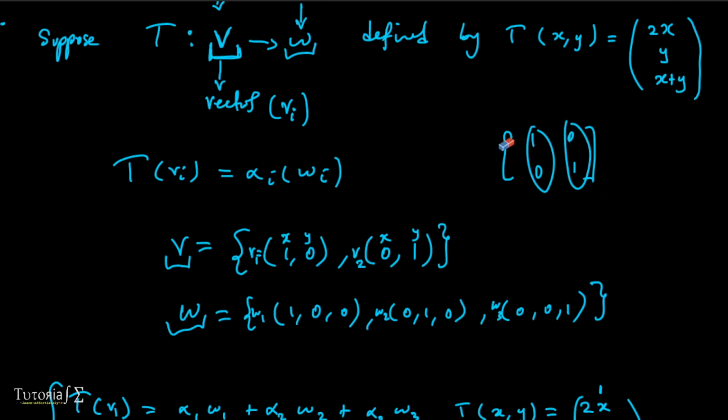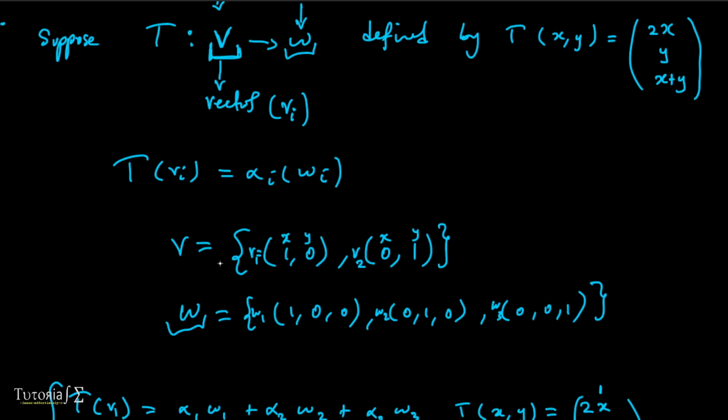But if you are given vectors, you'll be given the vectors in the input and vectors in the output. Sometimes you're just given the vectors in the input, meaning that for the vectors in the output, you use the usual basis. If you are given vectors in the output, then the vectors in the input will be the usual basis.